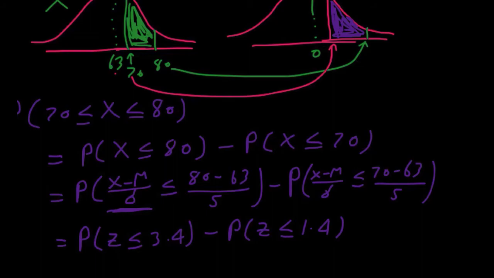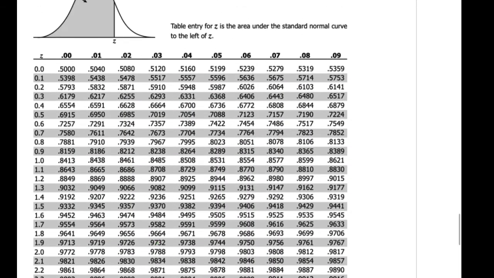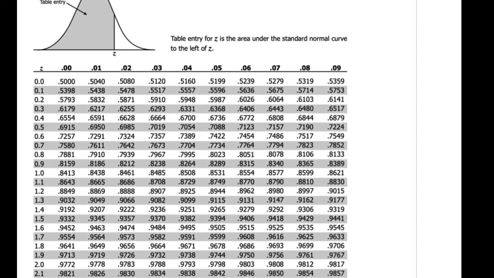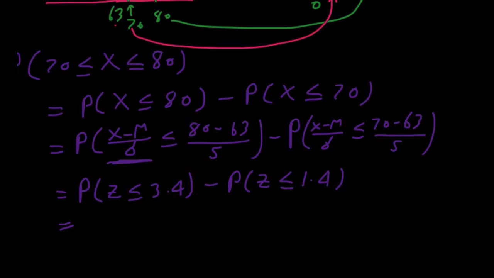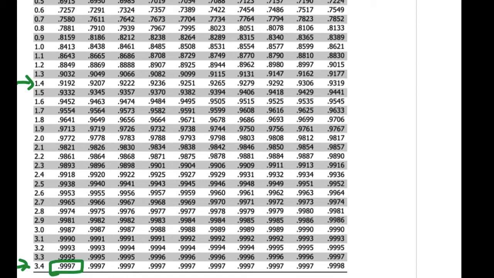Now go to the z table. This is the z table, we need 3.4. 3.4 here. So 3.40, it is 0.9997. 0.9997 minus, now we need 1.4. This should be the 0.05.